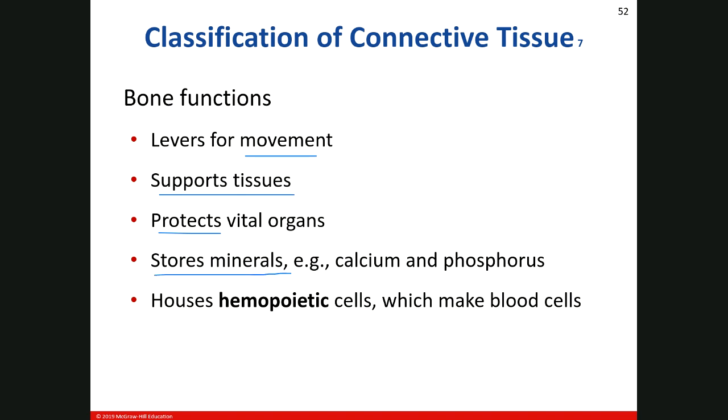Storage of minerals. Remember what I said? Calcium and phosphorus are stored on the inside. Calcium we need for several functions: proper neuron function, proper muscle contraction, blood clotting, and obviously making bone.